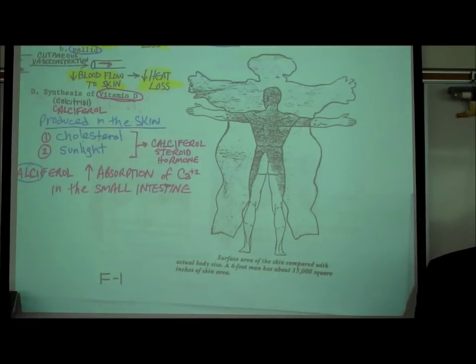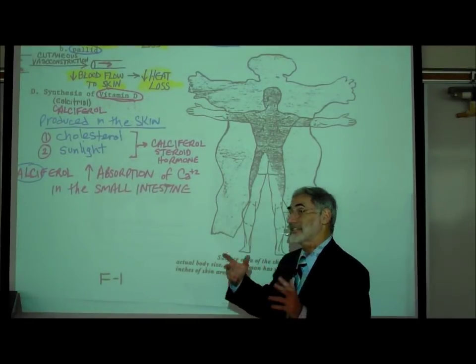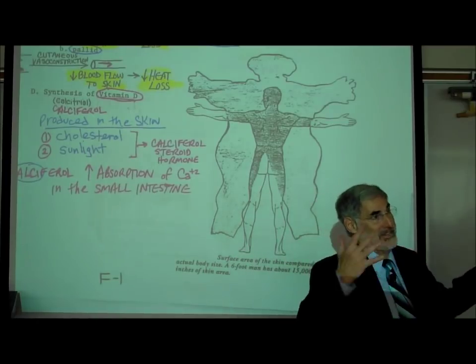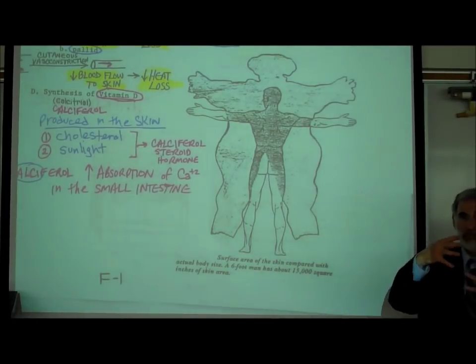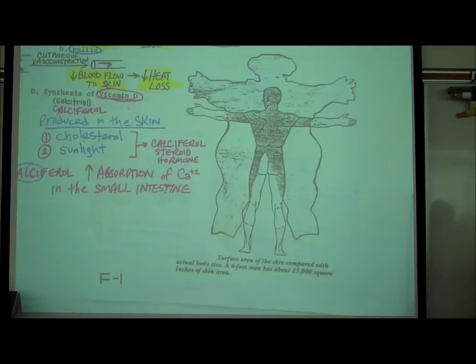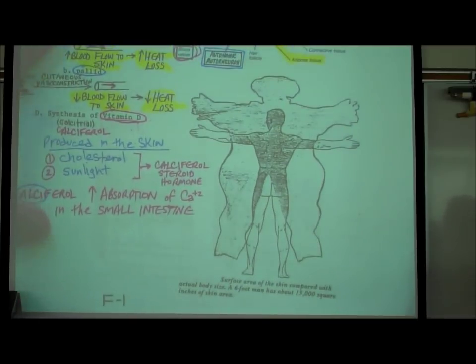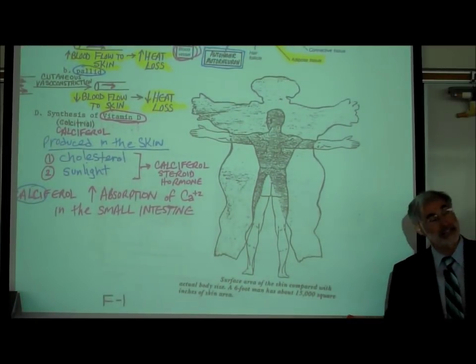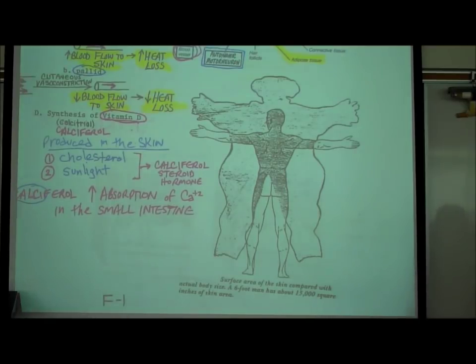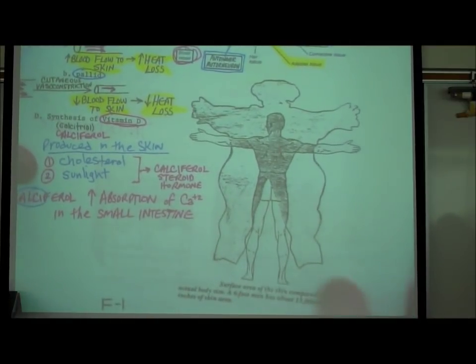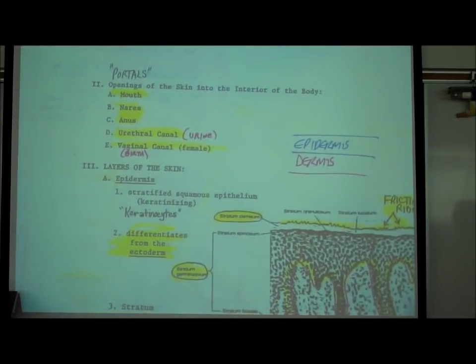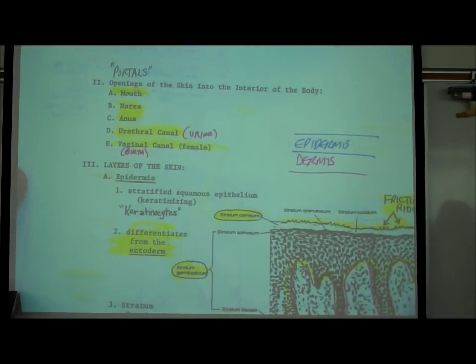So the skin is made up of two tissues, so technically it's an organ. Even though we don't commonly think of skin as an organ, technically it is the largest organ in the body. Now, on page F2, we're going to come back to that picture in just a moment.